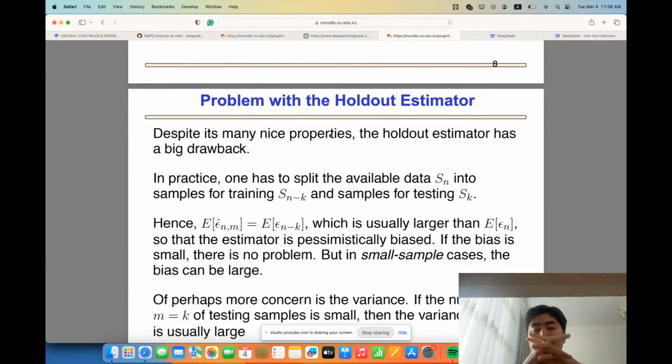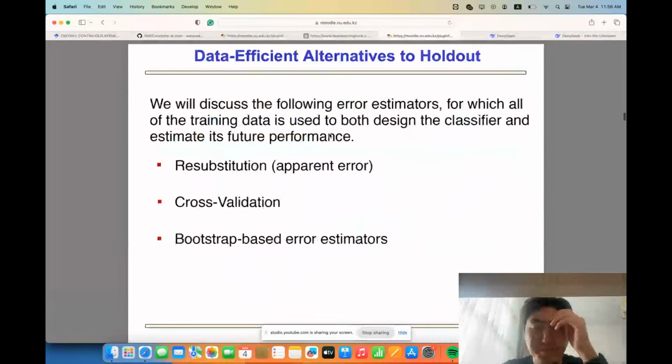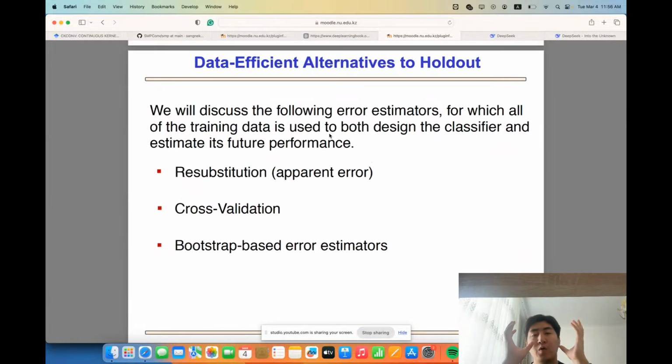The second problem is its dependence on how the data is split, so it has high variance. Okay. However, we also have other alternatives to holdout: resubstitution, cross-validation, and bootstrap methods, right?